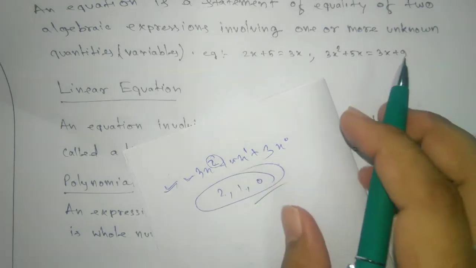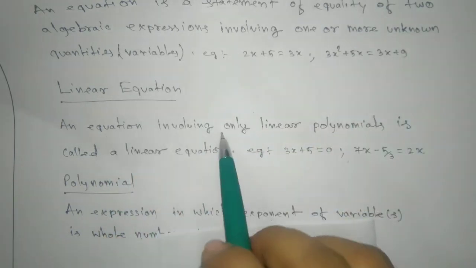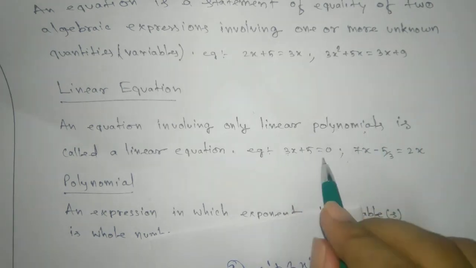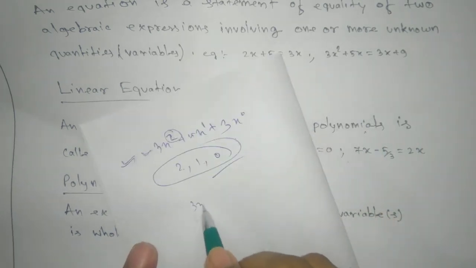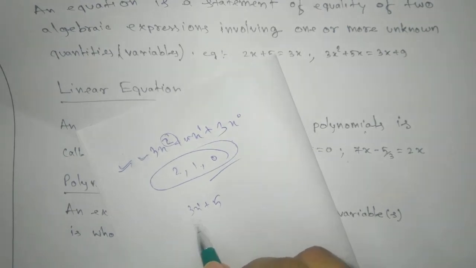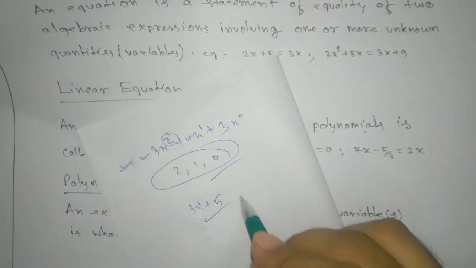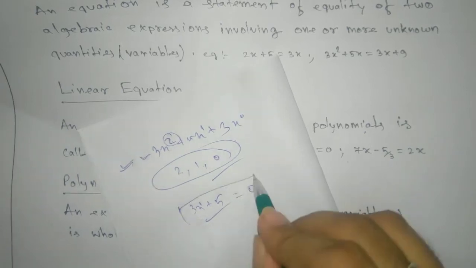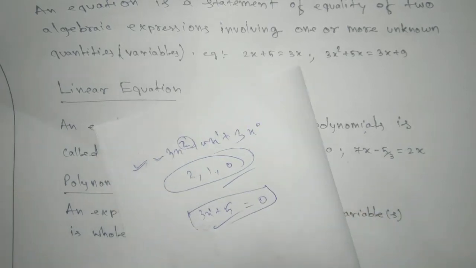So here, an equation involving only linear polynomial. You can see the example. A linear polynomial means 3x plus 5. You can see that the highest power is 1. Then this type of equation we call a linear equation.